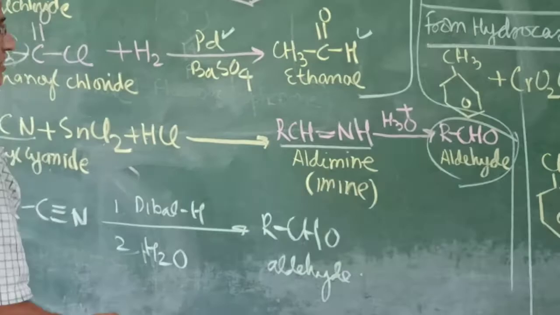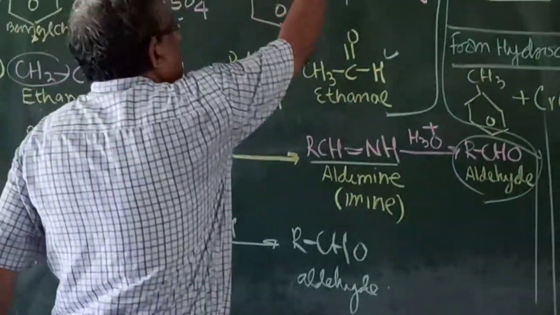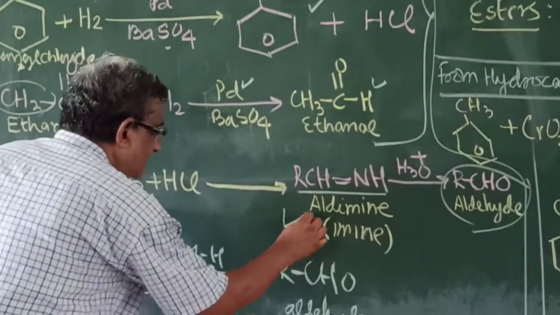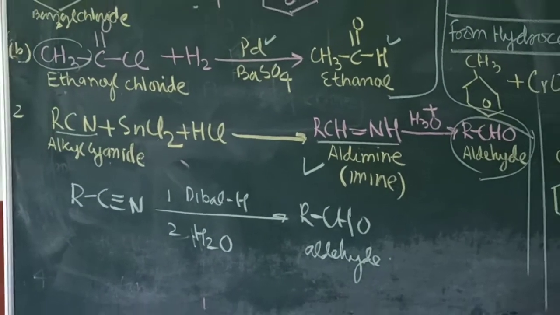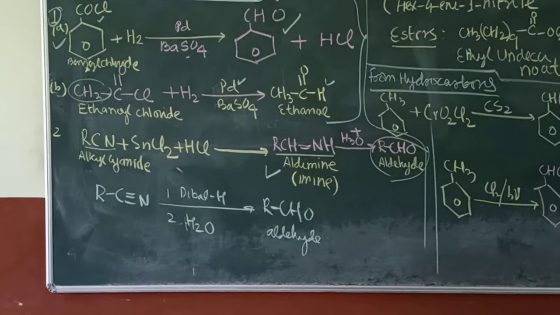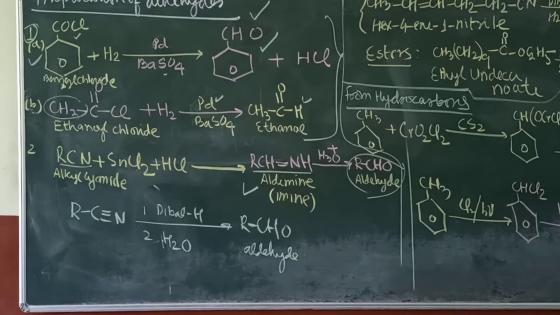And this reaction is known as Stephen reaction. The above reaction was Rosenmund. This is called Stephen reaction. Now, I must tell you that ketones cannot be prepared by this method.